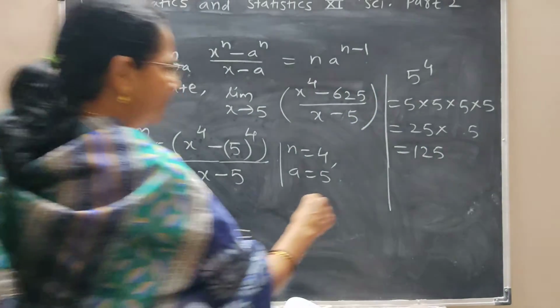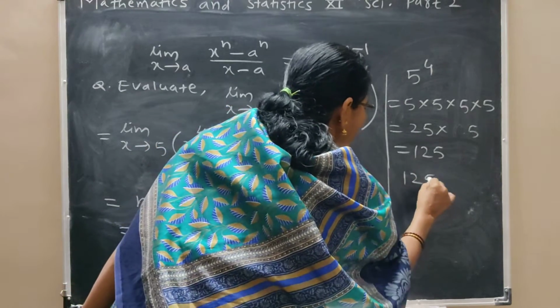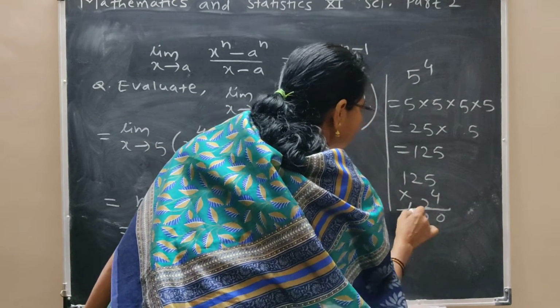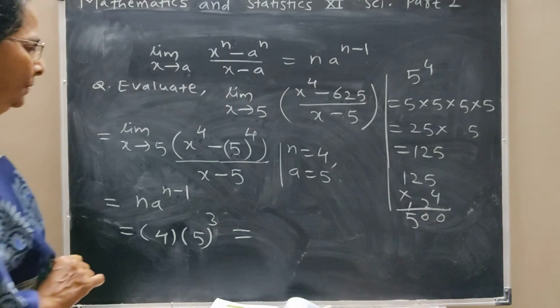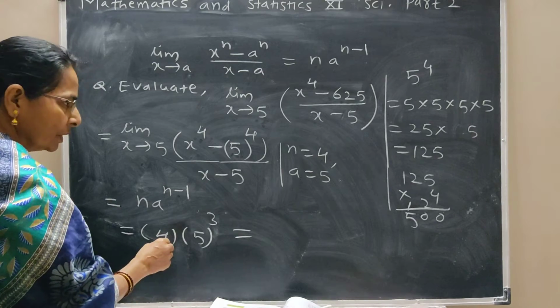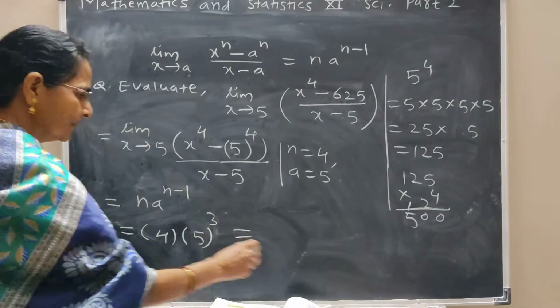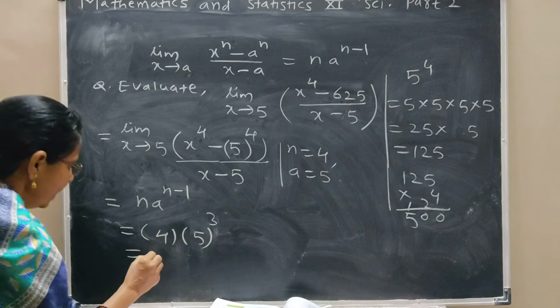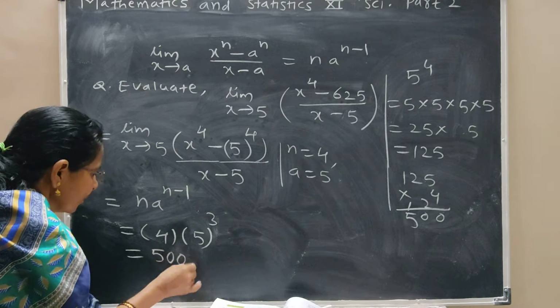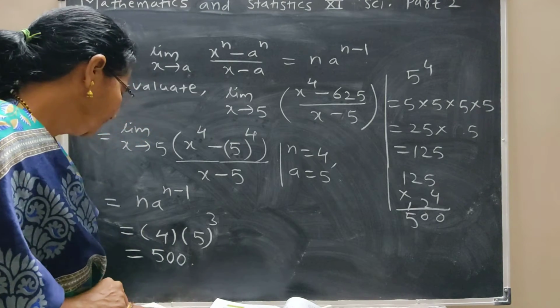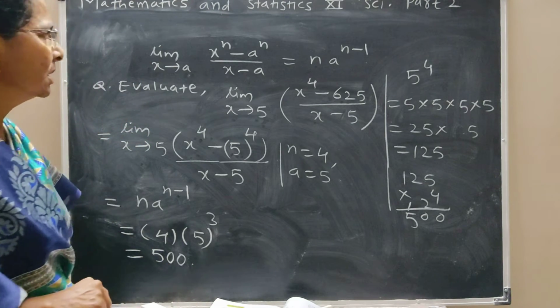And next is 125 into 4, 500. So this is 125 in product with 4. Final answer is equal to 500. And this is the correct answer, 500.